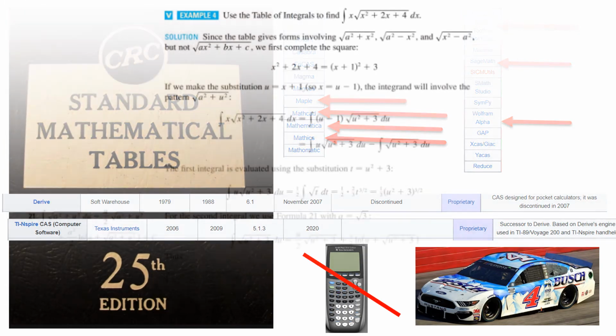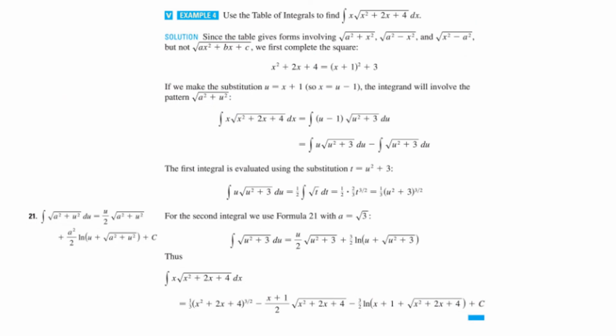Now, I should do an example, and I am going to do an example. I'm going to evaluate this integral using a table of integrals, and I'm also going to use CAS systems. Now, you really should be able to do this.